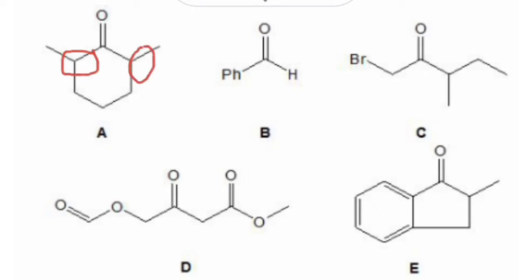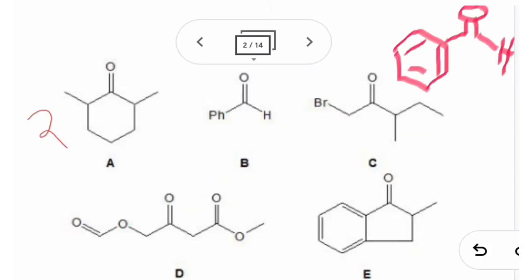This alpha carbon only has 1 alpha hydrogen, and this other alpha carbon also has only 1 alpha hydrogen. So molecule A has a total of 2 acidic hydrogen atoms.